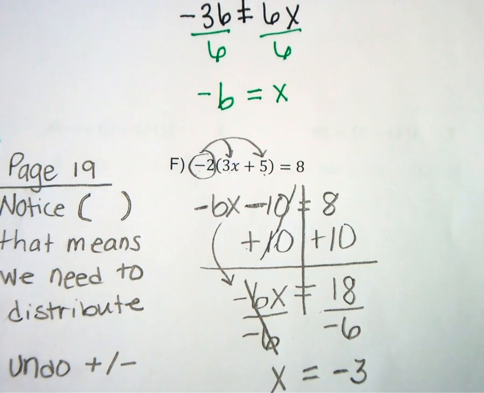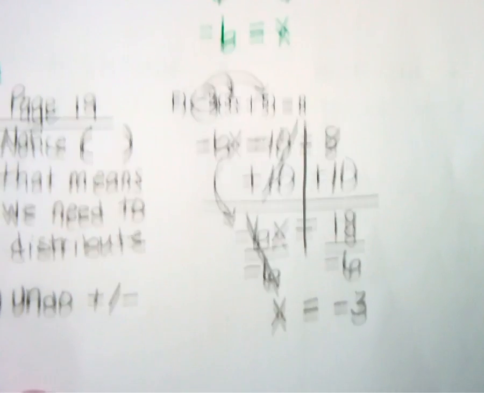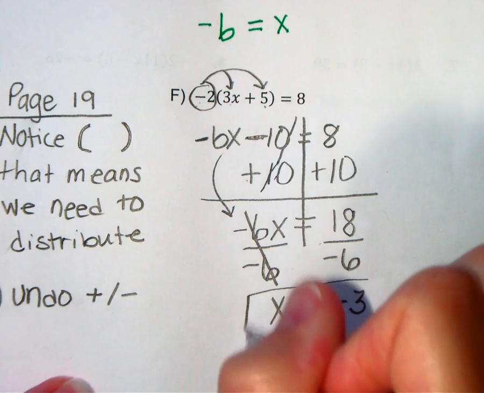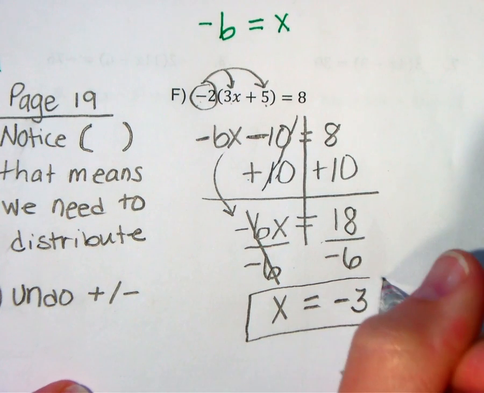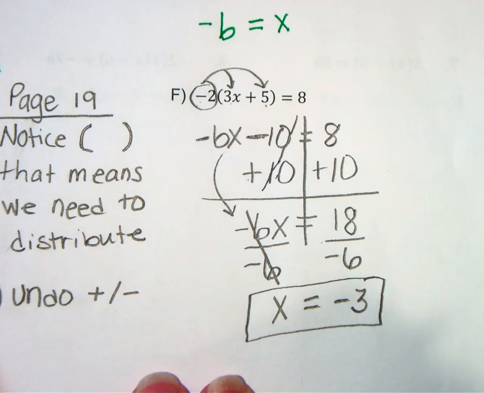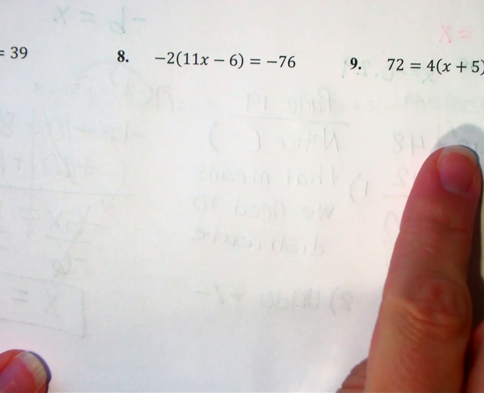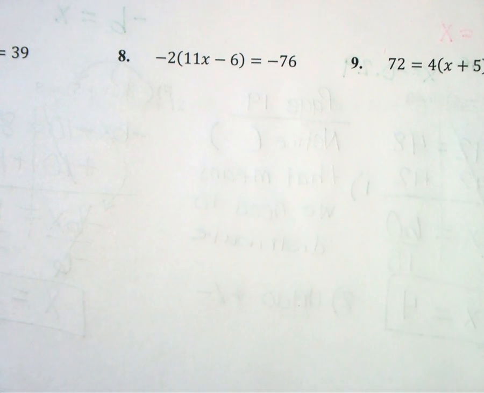Oh, sorry. We could circle that as our final answer. And page 20 is going to be our practice work here for this. And there's just 3 problems at the bottom here, 7, 8, and 9, to finish on page 20.